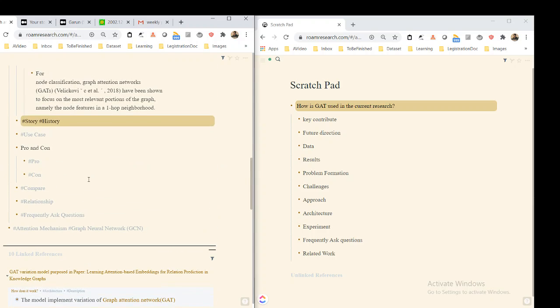What story tags usually do is explain the story or history related to this particular page, in this case GAT. It could be that someone created this, and then someone else used this for certain things.